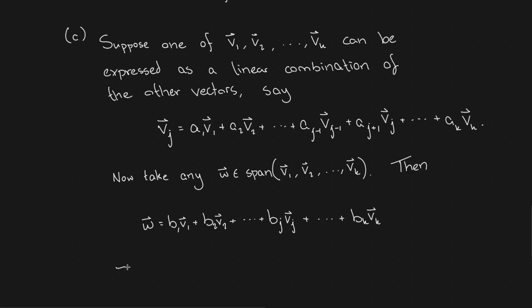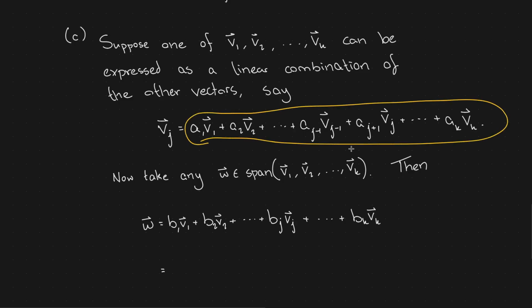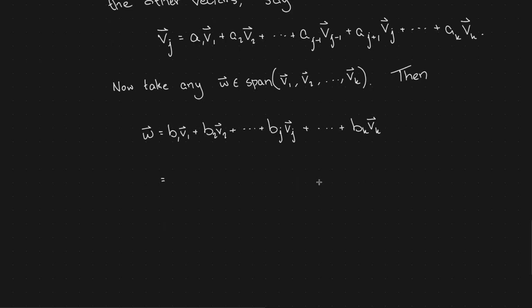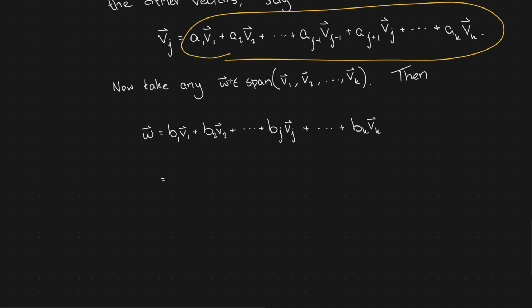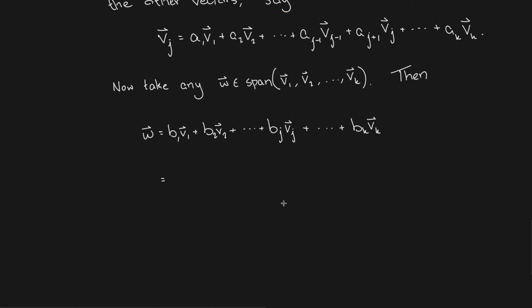But now let's use our assumption. We know that vj can be written as a linear combination of these vectors, so I'm going to substitute this in for vj.